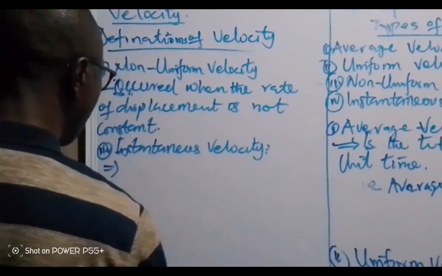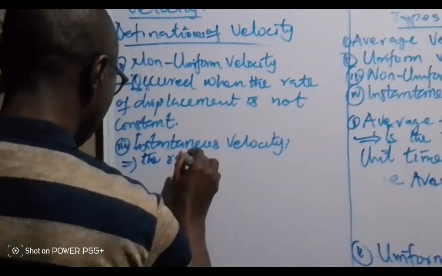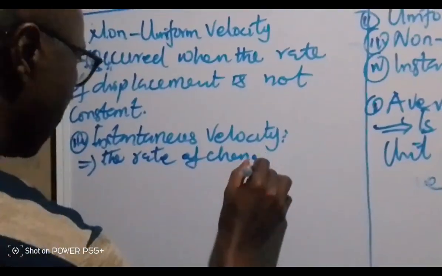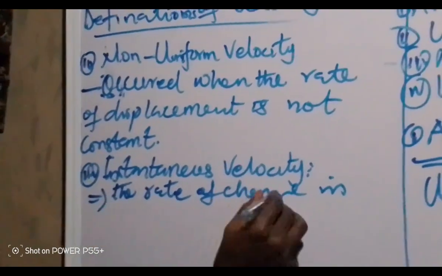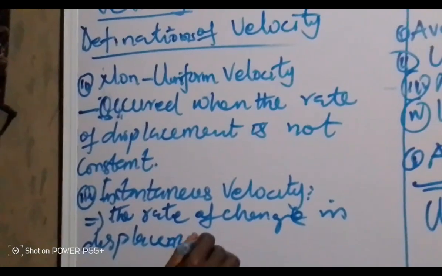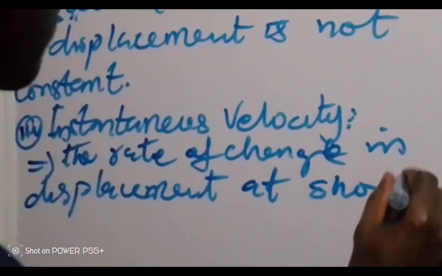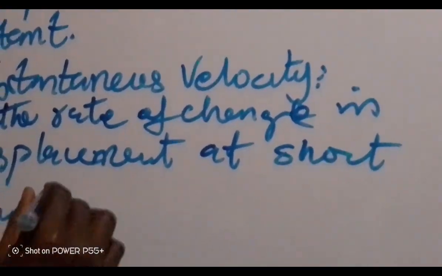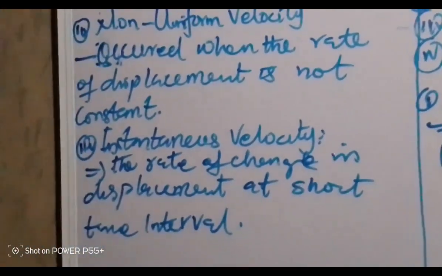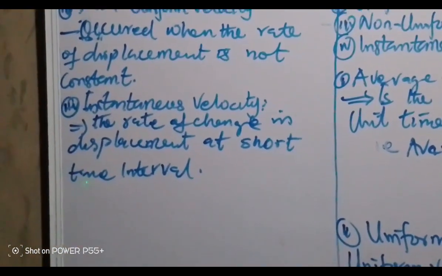The instantaneous velocity means the rate of change in displacement at a short time interval. That is, the rate of change of displacement at a short time interval. That's what we mean by instantaneous velocity.